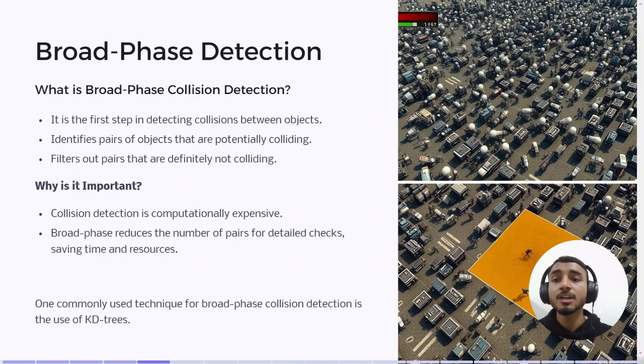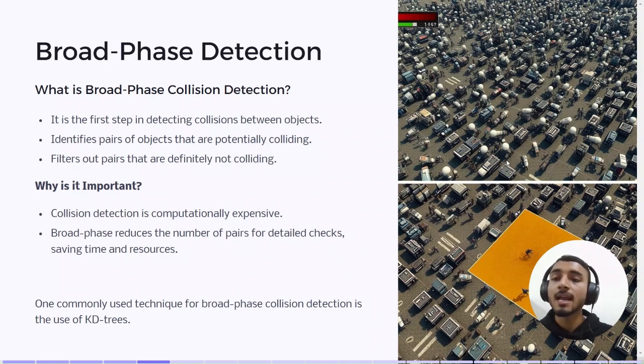This step becomes very crucial for large games, where checking every possible pair of objects becomes very computationally expensive, especially when there are thousands of objects in a frame. Broad phase detection helps us by ruling out pairs which are not even close to colliding.